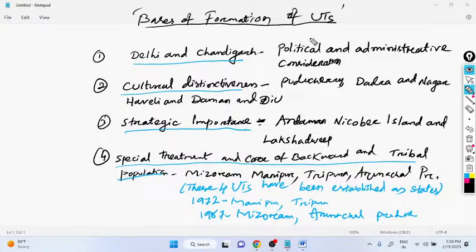Okay. So remember the basis of the administrations, union territories.